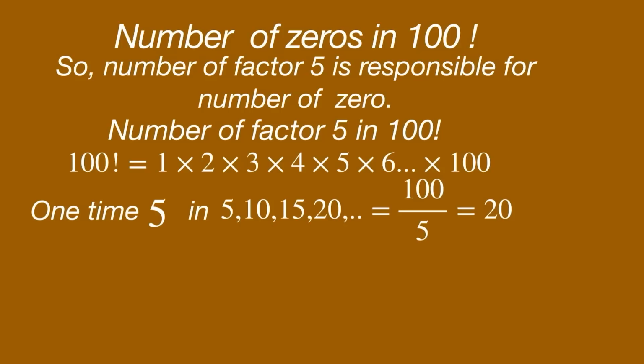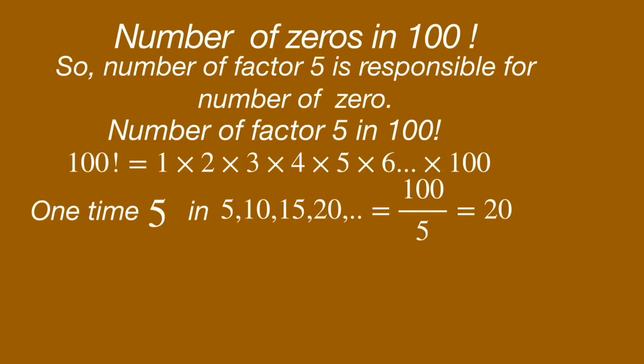How many such numbers? Actually 100 by 5, because there is a difference of 5 between two consecutive numbers. So the number of such numbers will be equal to 100 by 5, equal to 20.